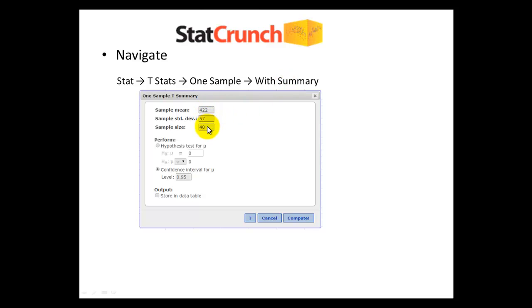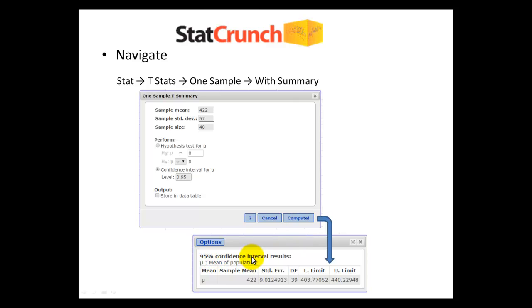Notice I've put in the information for our problems: the sample mean, the sample standard deviation, and the sample size. I then clicked on the bubble down here, which indicated I want a confidence interval computed for me, and that my confidence level was 95%. Press compute, and this pop-up box will show up.